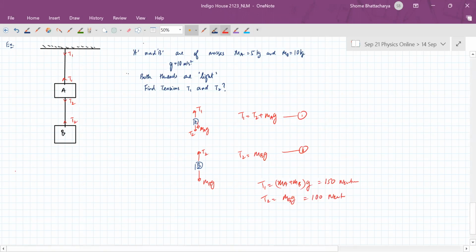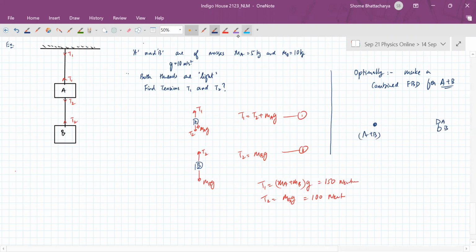Now there's one more thing you can do here. Another option. Optionally, what we can do is make a combined free body diagram for A plus B. So, treat this like A plus B. So on this, there's a combined weight active.